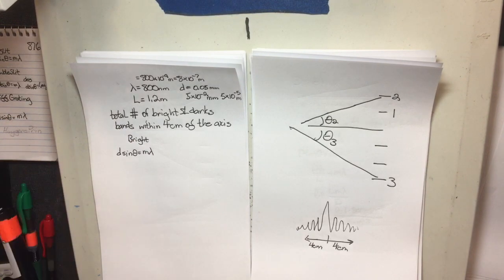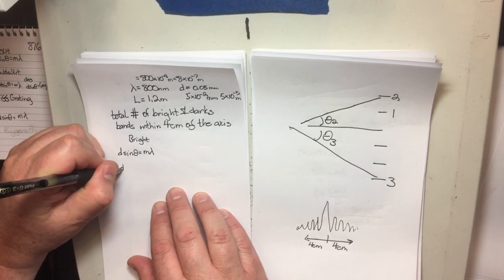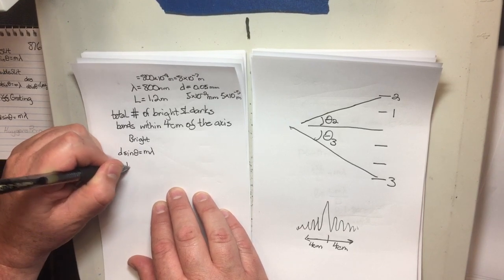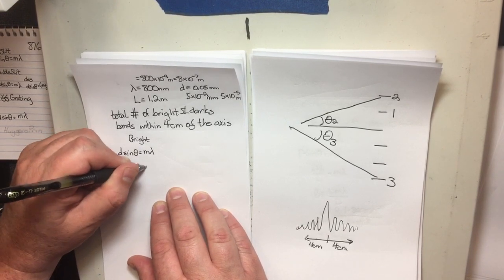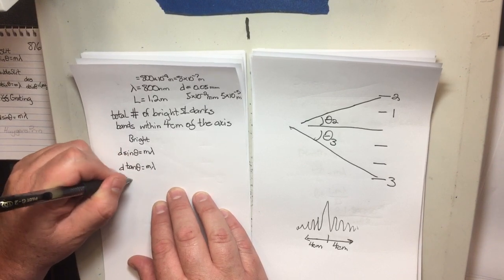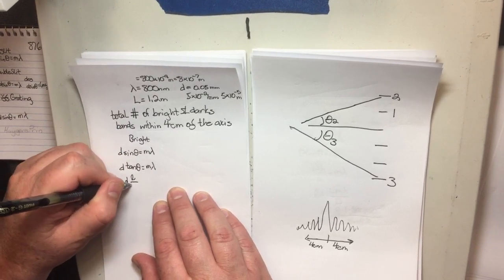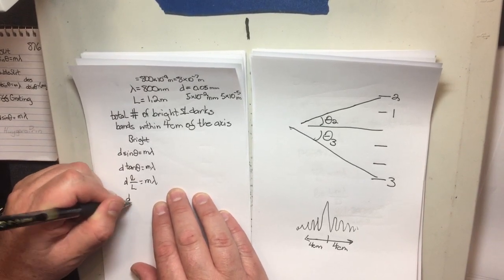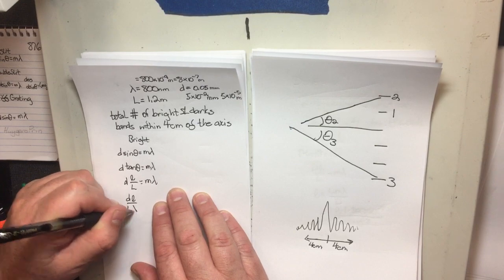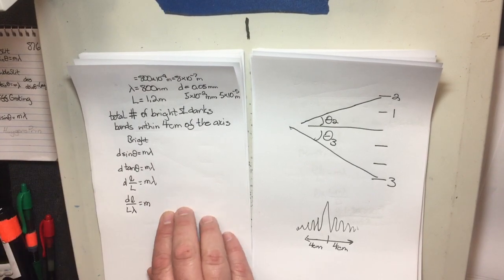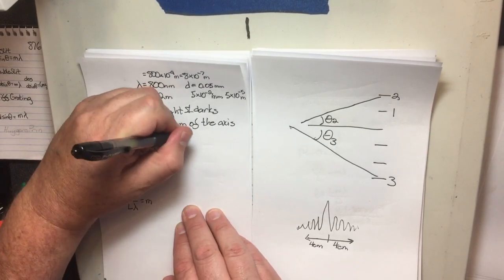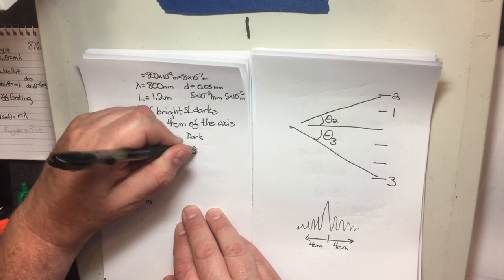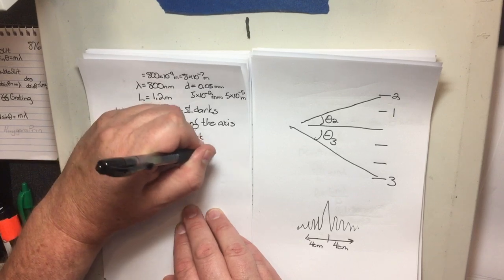I'm going to use small angle approximation, so sine theta becomes tan theta, which becomes little l over big L, equals m lambda. So this is d l over L lambda equal to m. For the dark, d sine theta equals m plus 1/2 lambda.